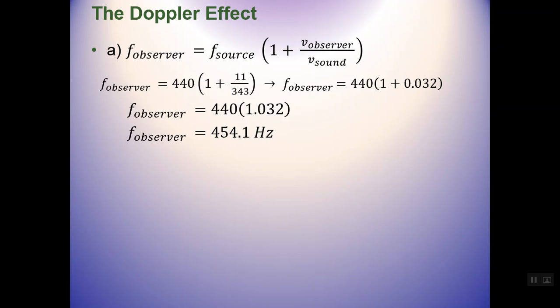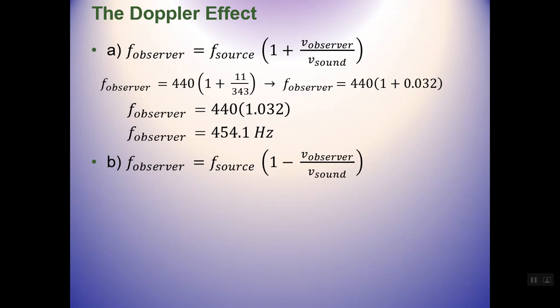In case B, if the observer is moving away from the source, we need to calculate the frequency at the observer. We use this form of equation: F observer is equal to F source times 1 minus V observer over V sound, because the observer is moving away from the source.